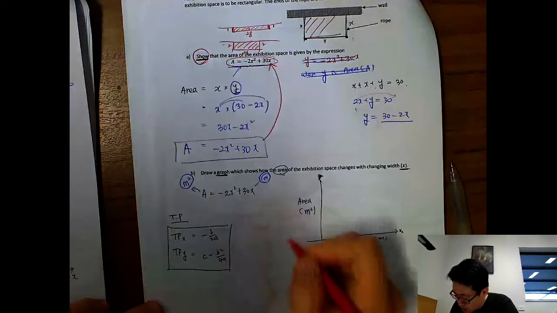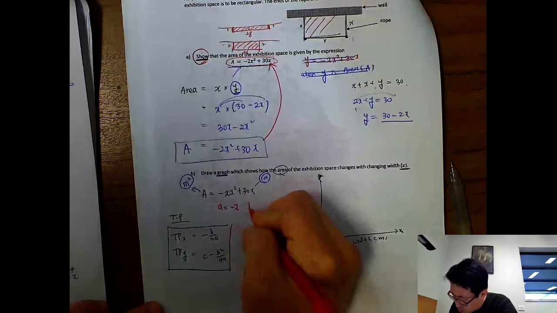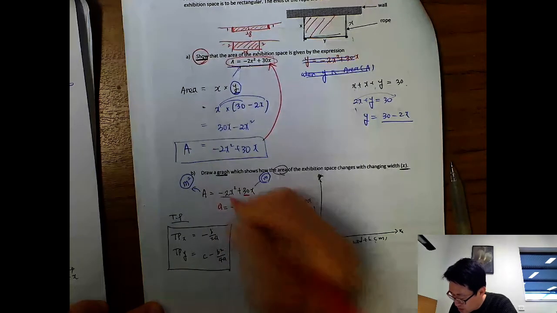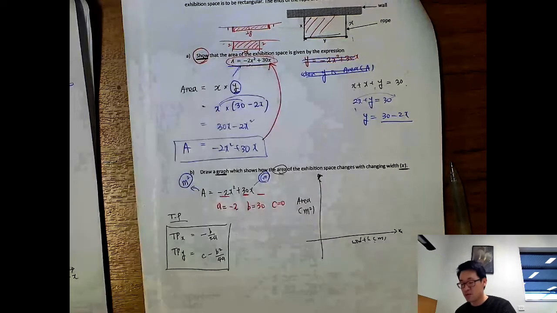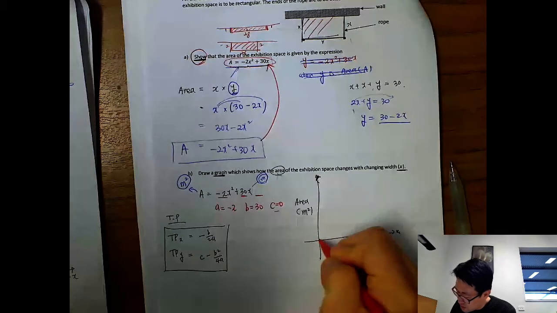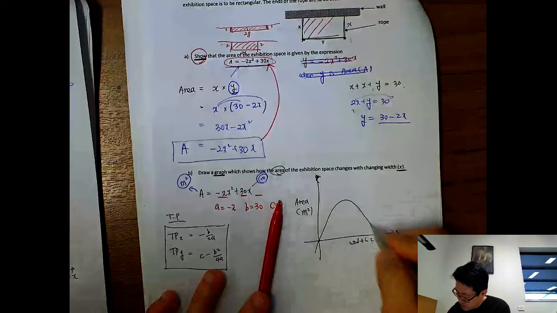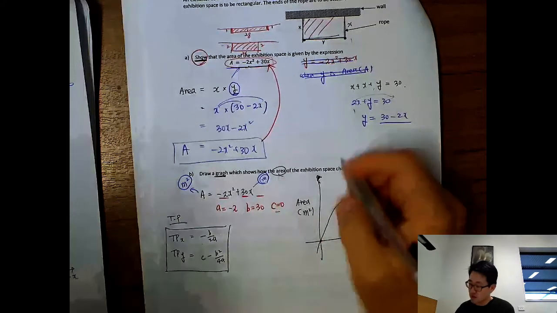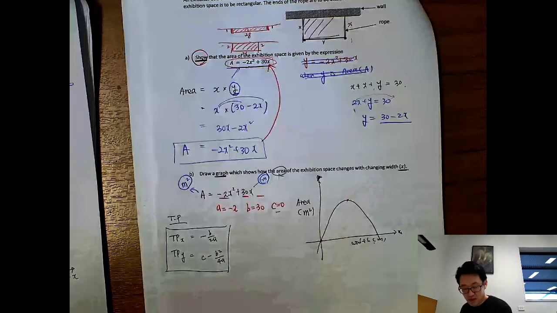In this case, a is minus 2, b is 30. Do we have c? No. Therefore, the y-intercept is going to be 0, I know. And then we will have something like this.